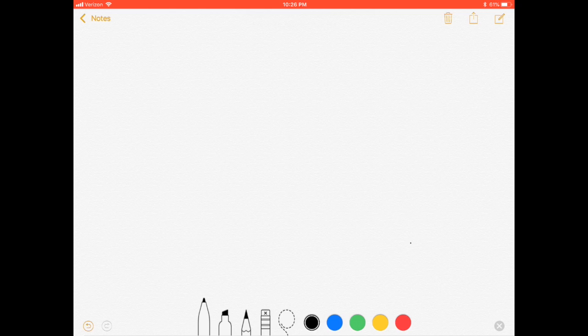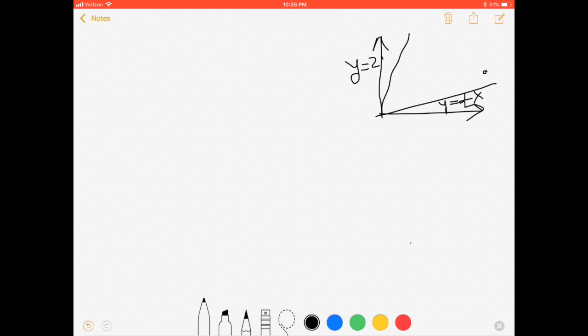We have this kind of region. It's number 19 from 14.8. And here you have two lines. One is y equal 1/2 x, and the other line is y equal 2x.